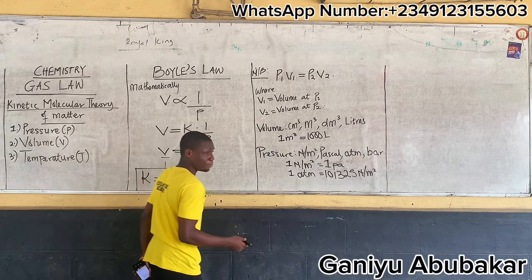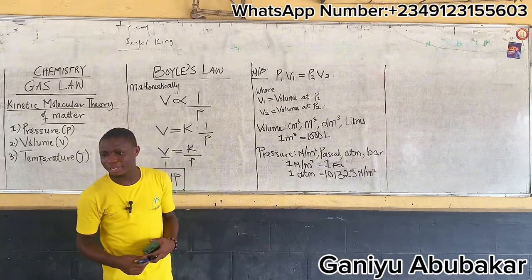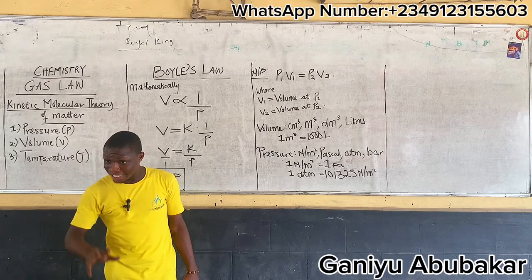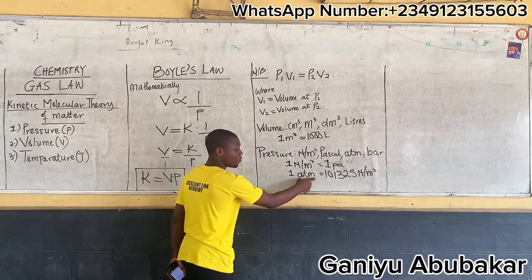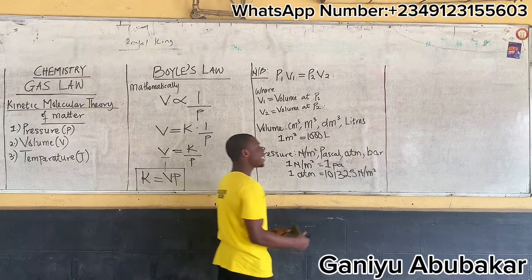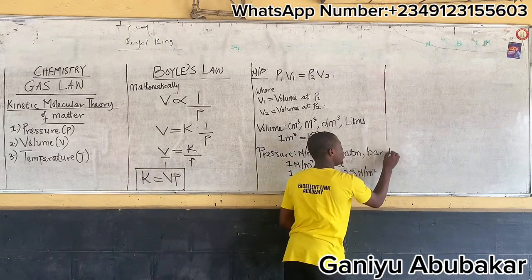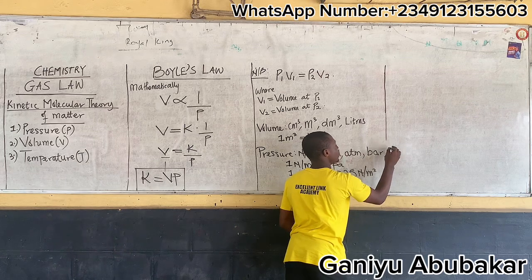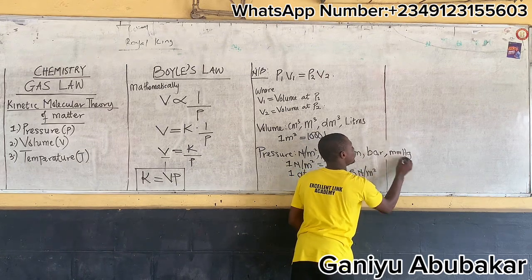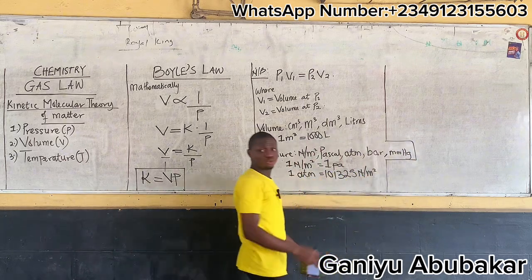So at STP, what's STP? Standard temperature and pressure. At STP, atmosphere equals 101.325. Aside from that, we still have mmHg, millimeter of mercury. That's also pressure too.